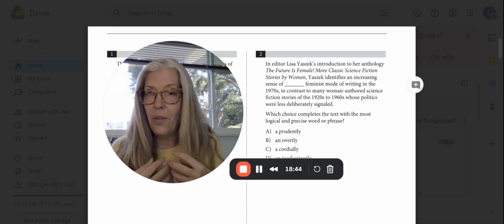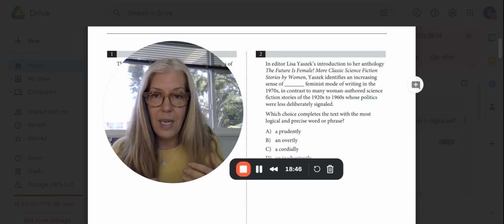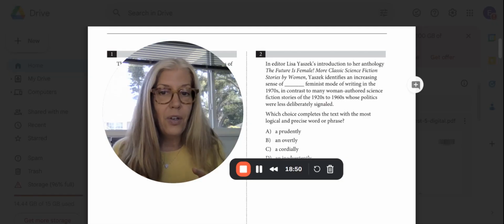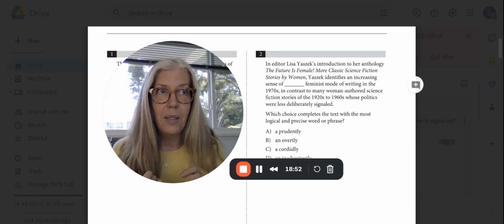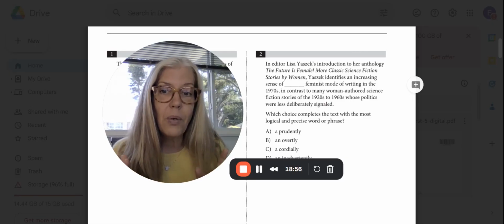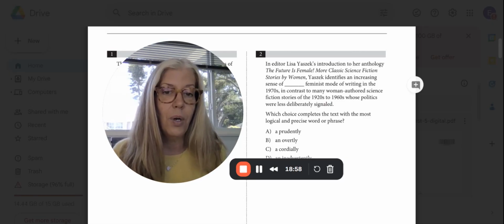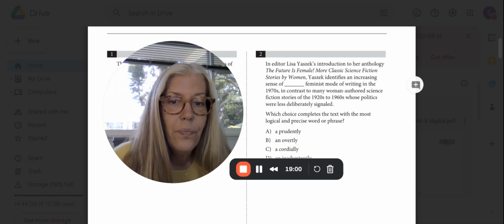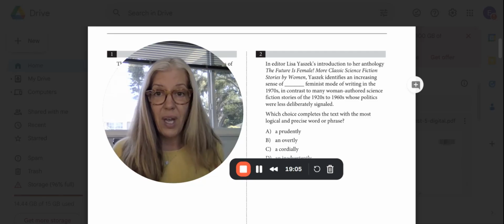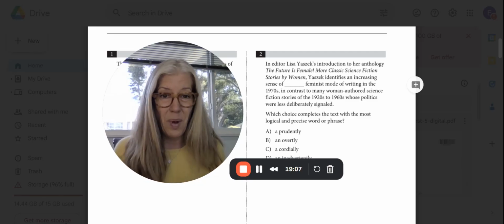Now I've given myself a reason to come down and look at A, B, C, D. A, if you're like every other kid in the world, you don't know what this word means unless you're a very big reader. Big readers tend to identify with this word: prudently. If you have no idea what these words are, you can't cross them out or say, I'm not going to choose that word. We just have to try to pull them apart.